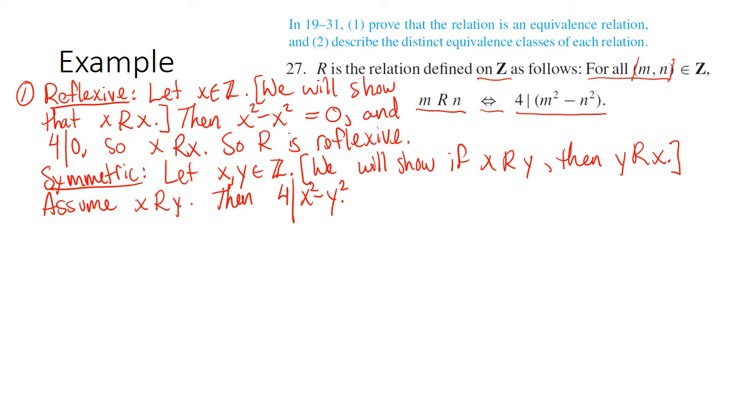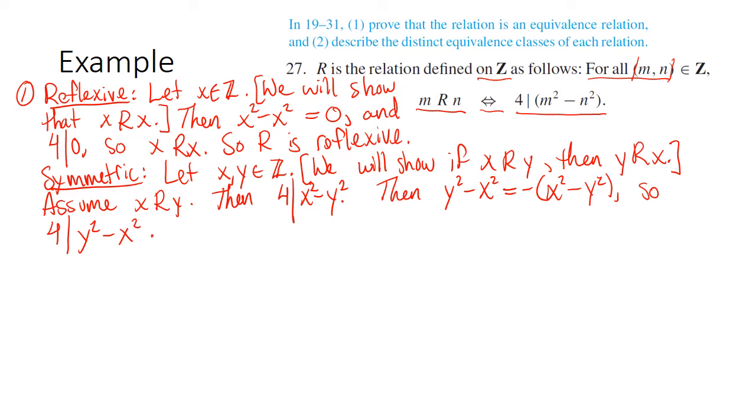Okay, so I think I'm going to make a little bit different argument than I did when I was doing the proofs on the last example. I'm going to go a little bit simpler route. Then y squared minus x squared is simply negative of x squared minus y squared. So 4 should divide y squared minus x squared as well. I'm not going to bring the actual q's and r's or other integers into it.